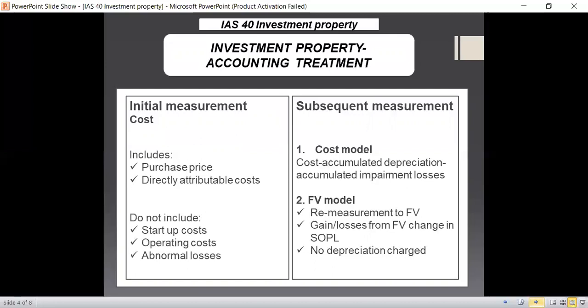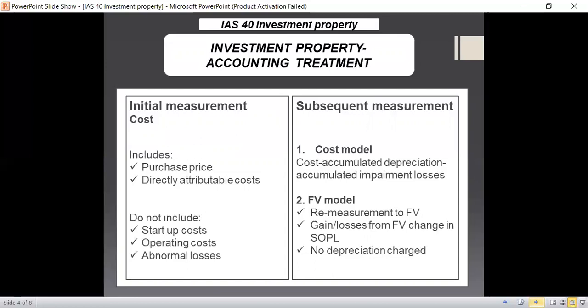So all of the directly attributable expenditures, for example, any legal fees, etc., can be considered as a part of the cost. But you need to be careful that we do not include any startup costs unless they are directly attributable to investment property. And also we do not include any operating losses which were incurred before the operation stage, and also any abnormal losses related to material and labor which are incurred at the development stage of the investment property.